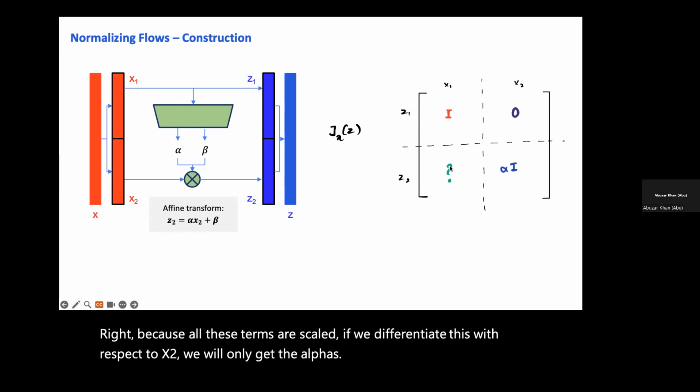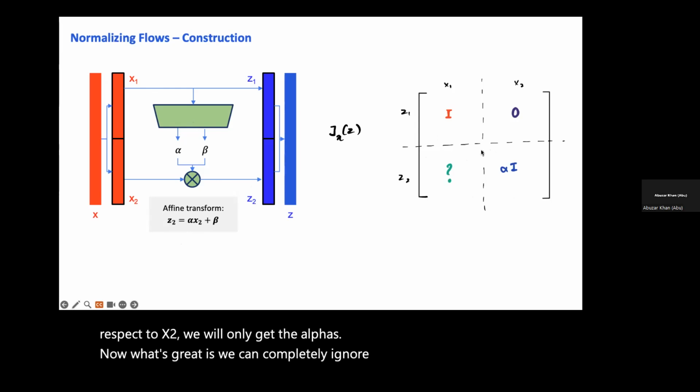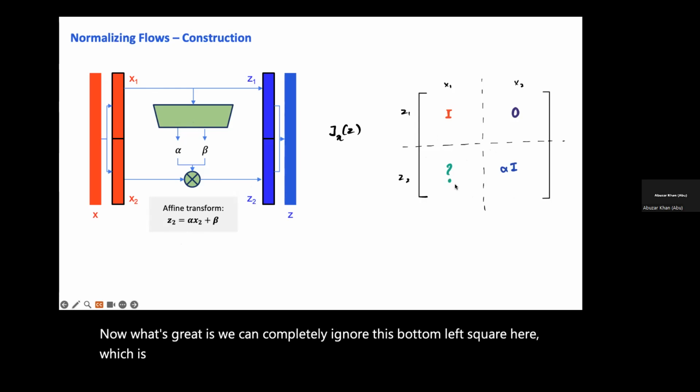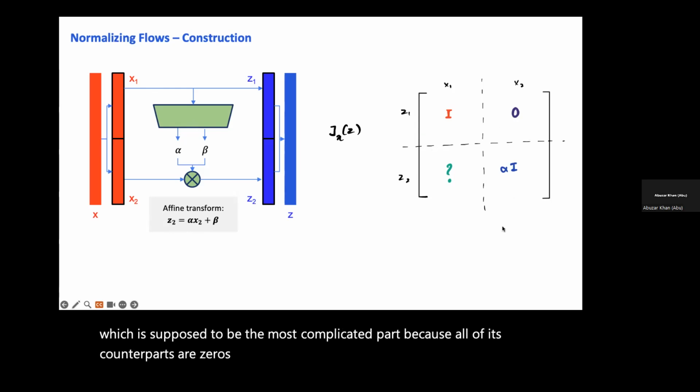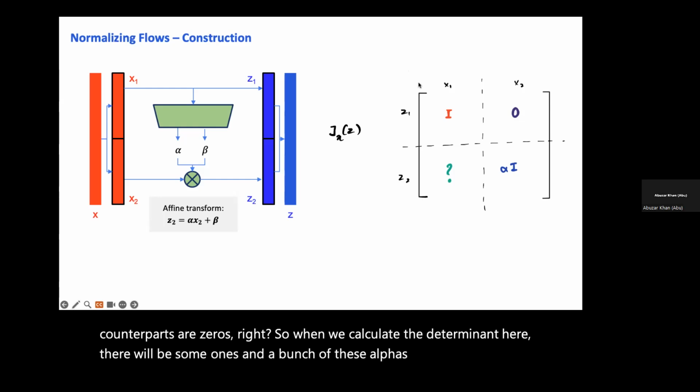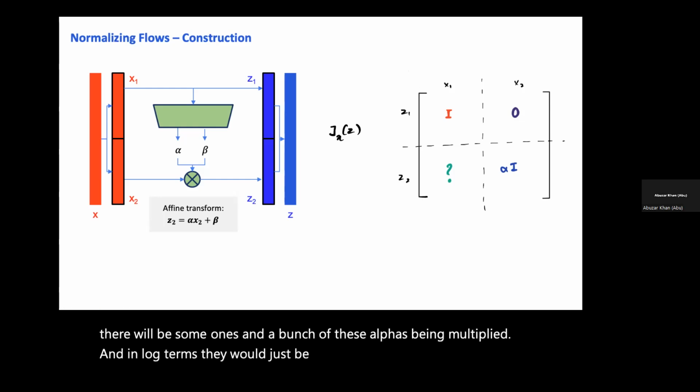Now, what's great is we can completely ignore this bottom left square, which is supposed to be the most complicated part, because all of its counterparts are zeros, right? So when we calculate the determinant here, there will be some ones and a bunch of these alphas being multiplied. And in log terms, they would just be added together, right? So this is great.